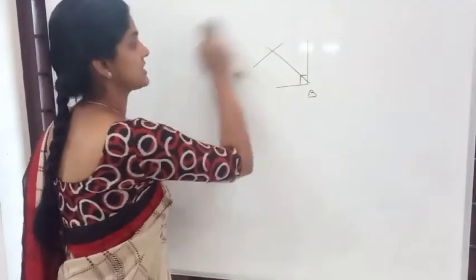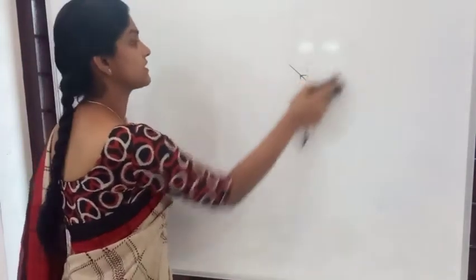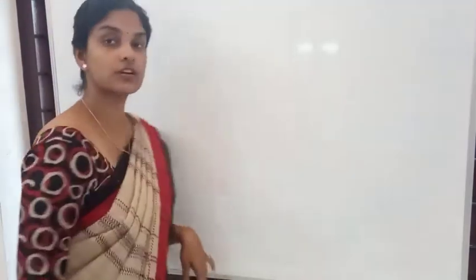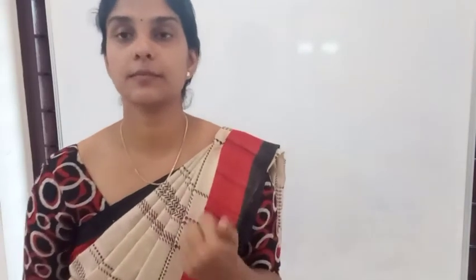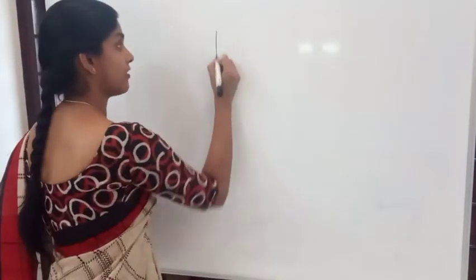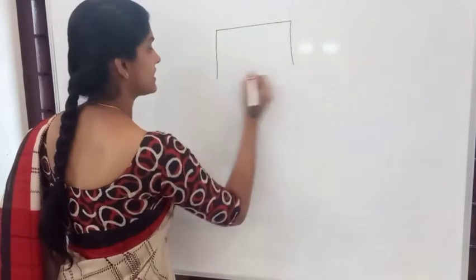Now we shall see how we shall construct rectangles. In the last class we saw how to construct a square. Before that, give me some examples of rectangles. What are the things that you can see around which are of rectangle shape? Yes, television. Television is an example of a rectangle, right?